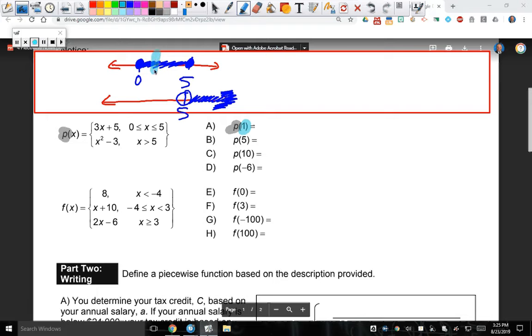Do you agree? Yeah. So, it's going to be using this domain. That means we're going to use this function. That's how we know which machine to plug it into. And I'm going to plug it in where I see x. And the work that I want you to show is this. So 3 times something plus 5, and we're going to plug in 1.